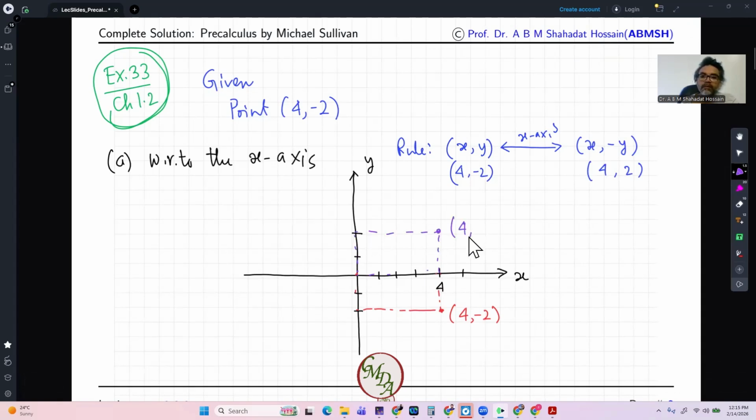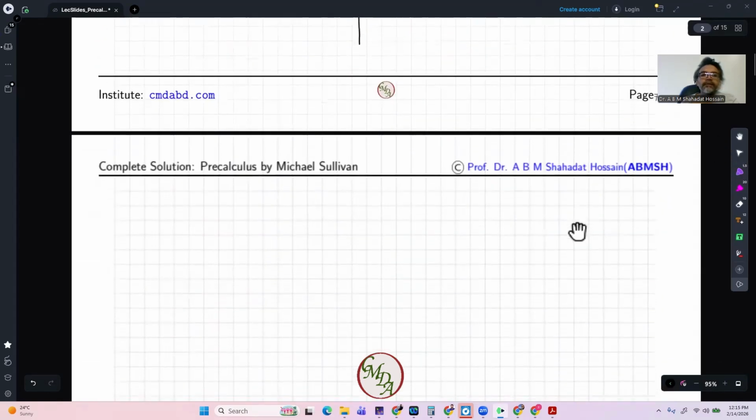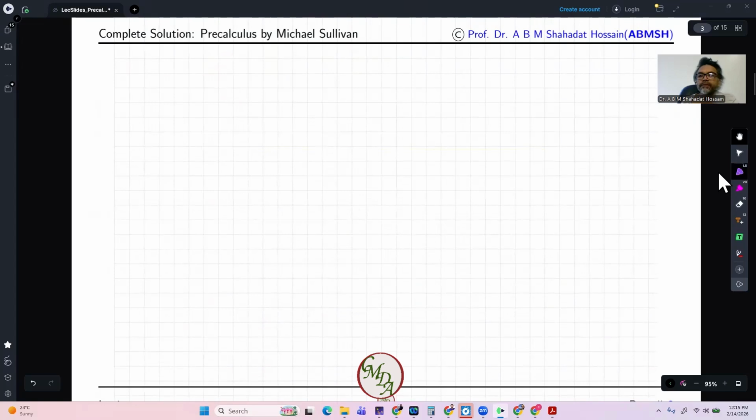This is our point 4, 2, symmetric with respect to the x-axis.